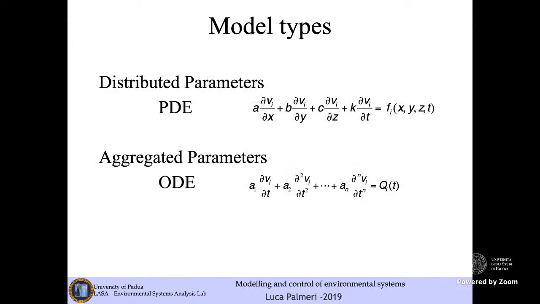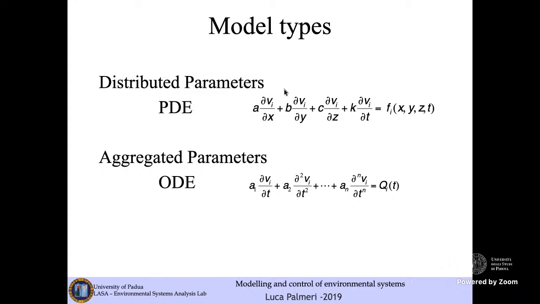From the mathematical formulation point of view, we may distinguish two very general formulations: distributed parameters models and aggregated parameters models. Typically, distributed parameters models are models for which you may employ what we call partial differential equations.